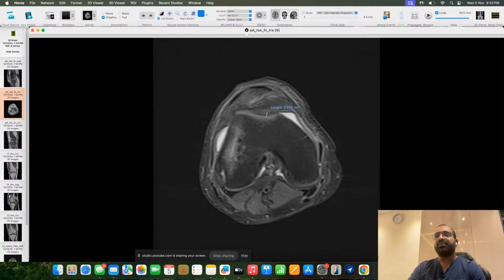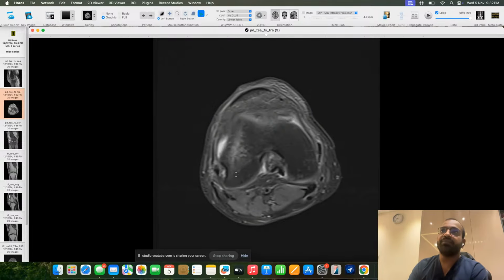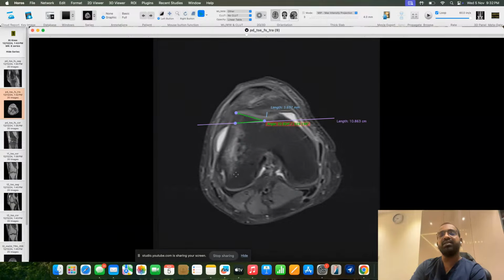I need to have a baseline. My baseline is this, so I'll bring it up and put it here. Then I take the angle tool, put 1 here, 2 here, 3 here. So the lateral trochlear inclination is around 20 degrees. This is a good amount, more than 11 degrees, which is normal.